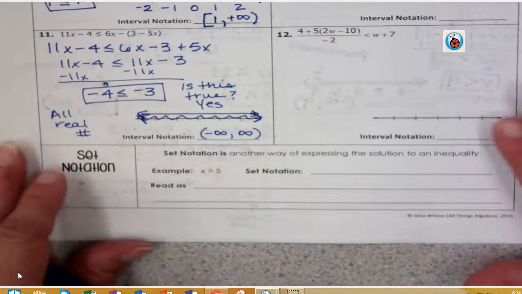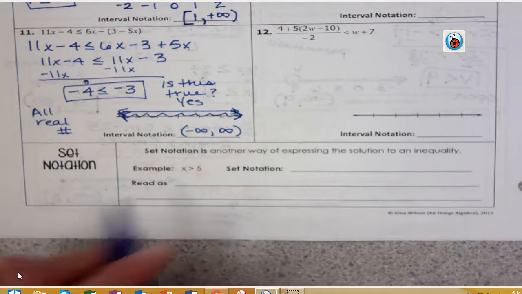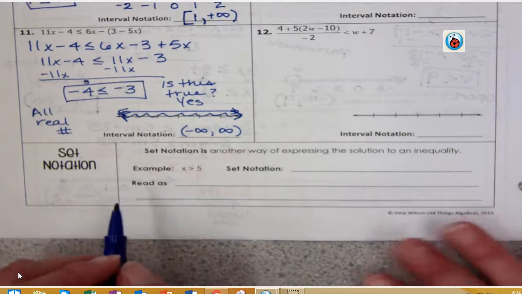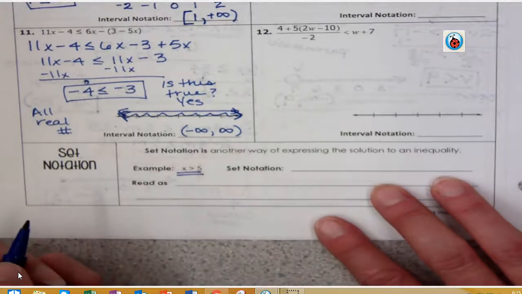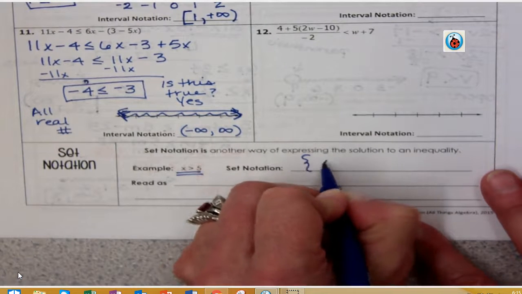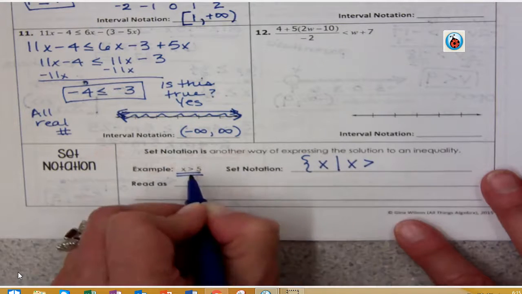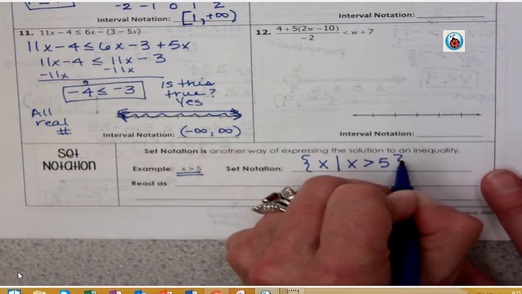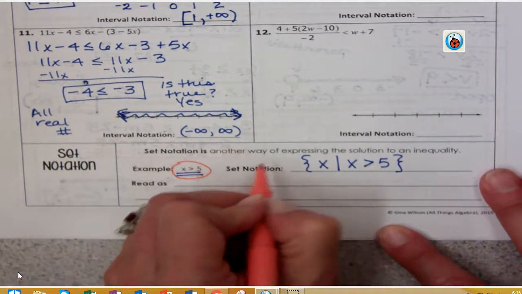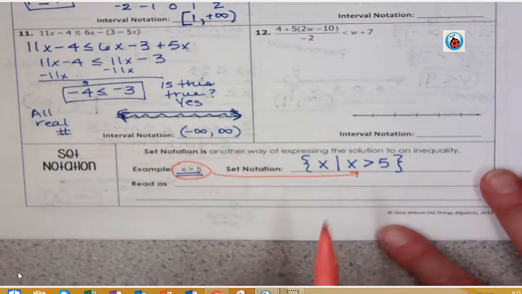Okay, moving on. So we've got set notation, which is another way of expressing the solution to an inequality. So basically, if we have this as our answer, you've got set notation, which basically is the set of numbers regarding x is greater than 5. So all you've really done is you've basically taken this and inserted it there and added these fancy brackets.